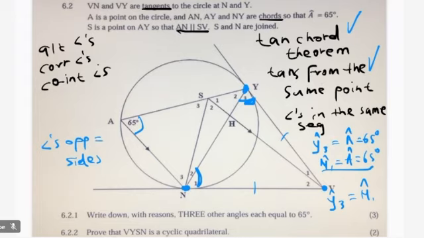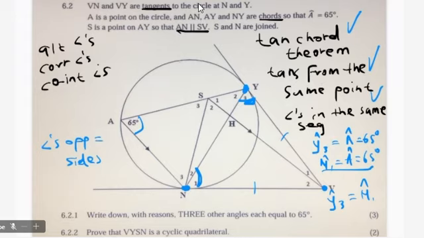Then after that, they say N1 will be 65 because Y3 was 65. So we have different approaches when it comes to Euclidean geometry. That's the only way we could use our tangents from the same point. So we can try to use angles in the same segment and see if we can use angles in the same segment. The chords were mentioned there.